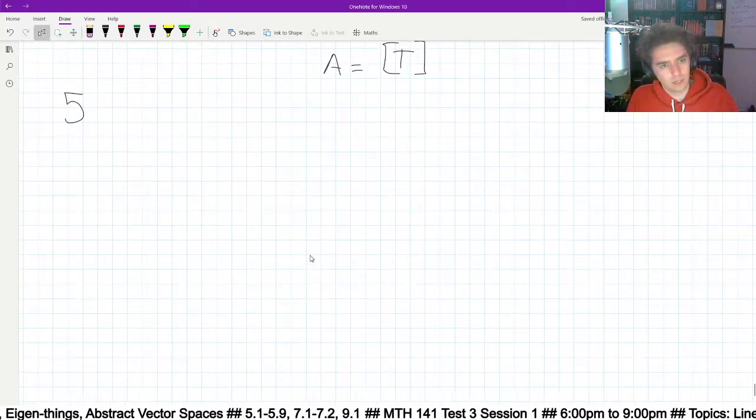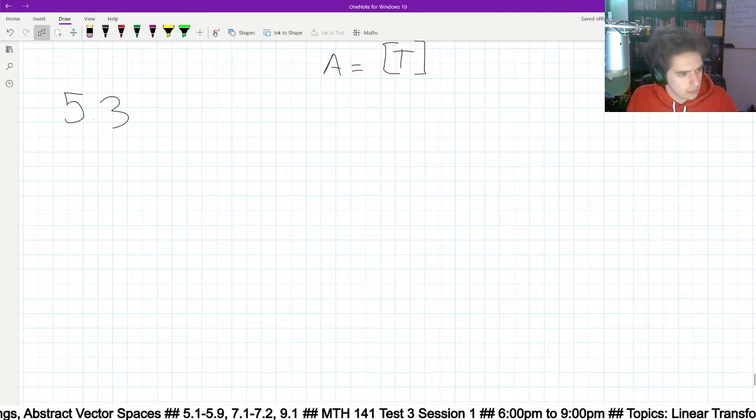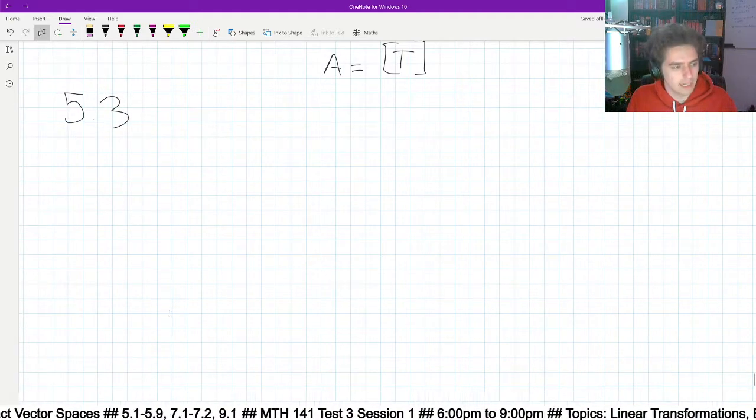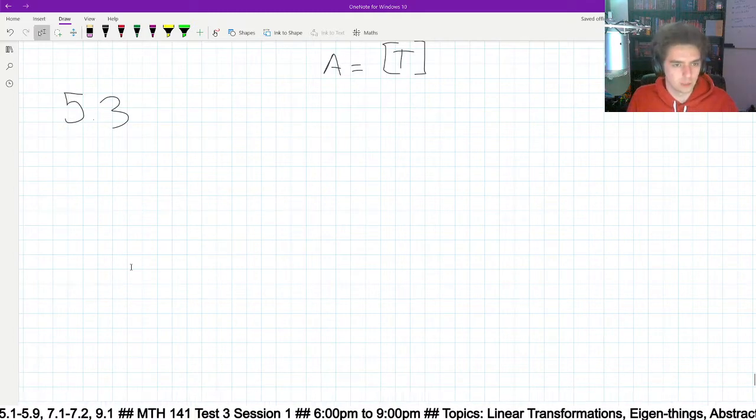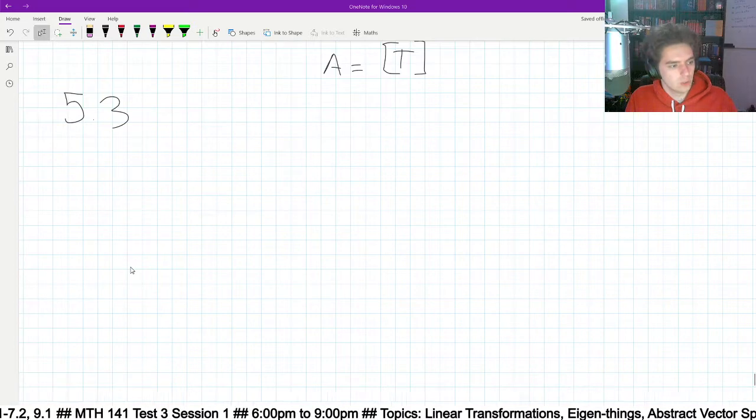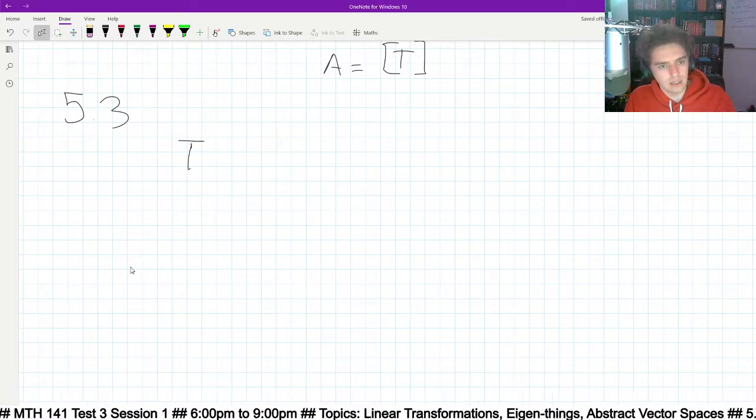Okay, so 5.3 now. This example from the textbook is not related to the two things I just said, but it is useful to know. It is a property of linear transformations.